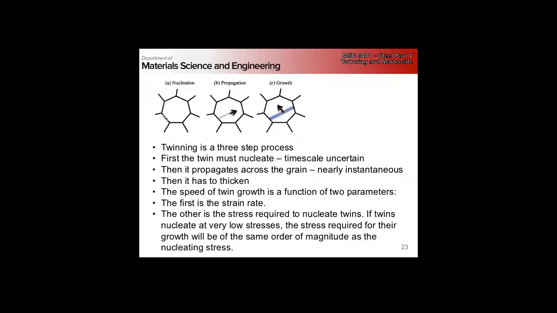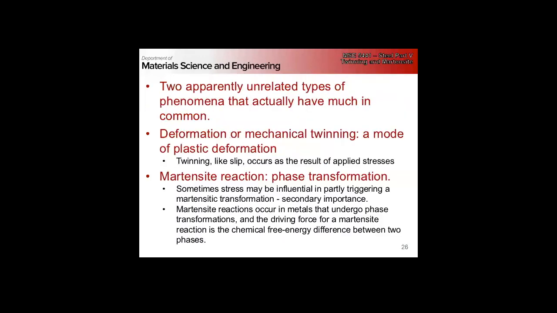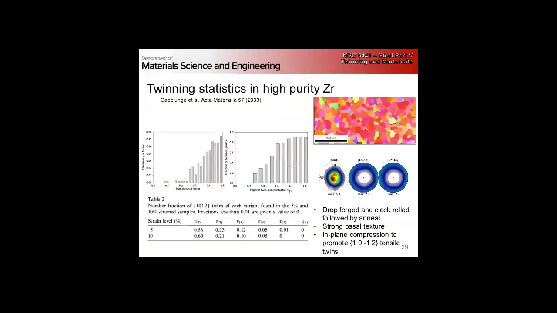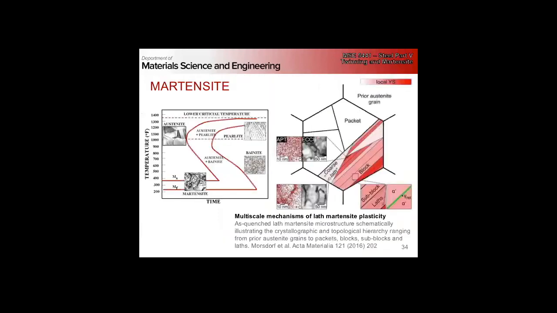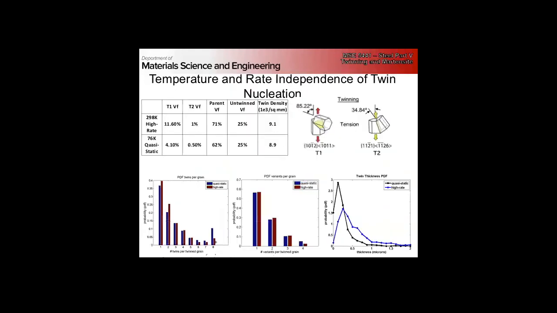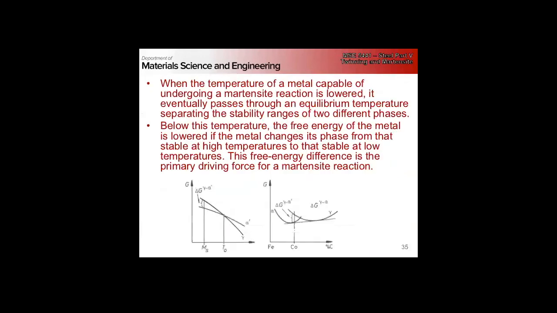So how a twin nucleates, specifically from dislocations, is not super critical, but twinning does still involve dislocation activity. That was sort of the big important bits on twinning. We talked about some statistics and variant selection and things like that.